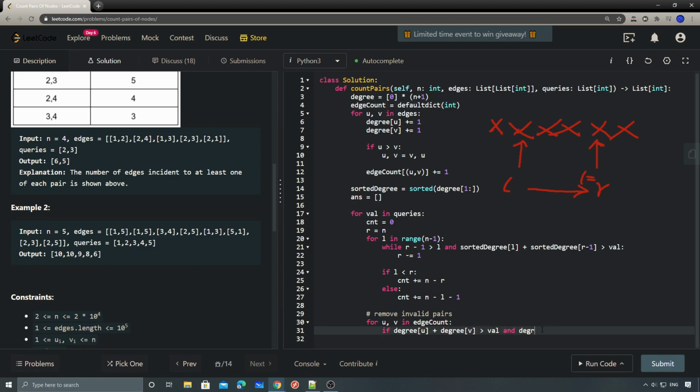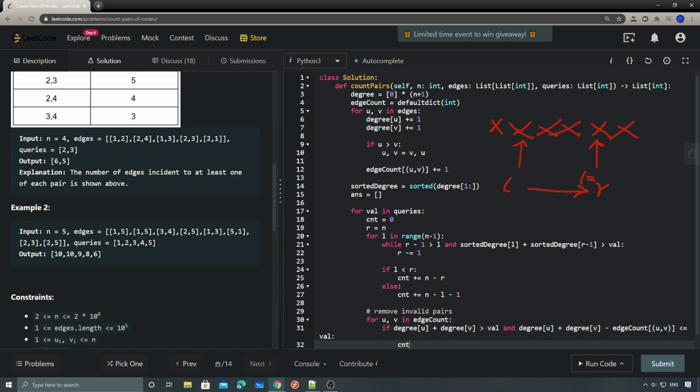Basically, if the degree u plus the degree v minus the edge count of u and v is equal to or smaller than the value, then we do count minus 1.